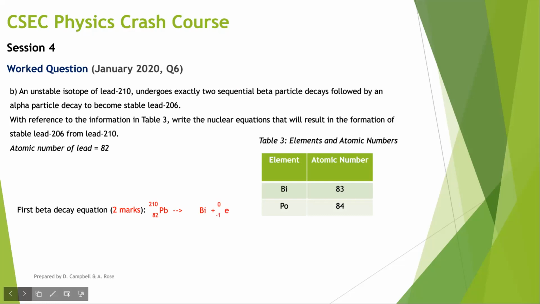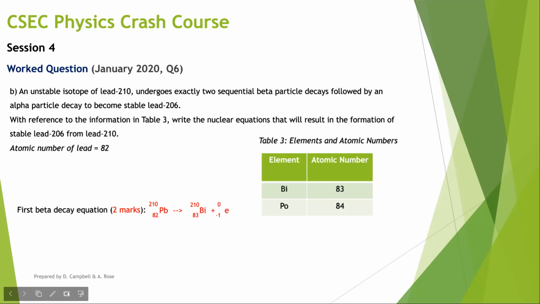And we know that the electron has 0 mass and the charge is -1. So based on this information, we start off with the species having an atomic number of 82, and we need to figure out which species would have a number that, when you add -1 to it, you get 82, and that's 83. So the element that we would write is Bi, which is bismuth. The atomic number there is 83, and the mass number would remain the same, which is 210.